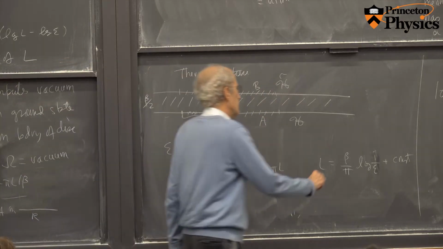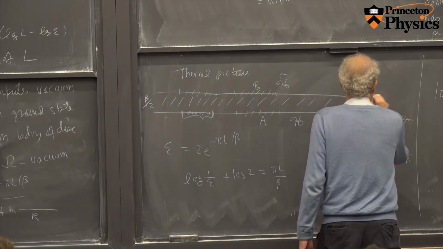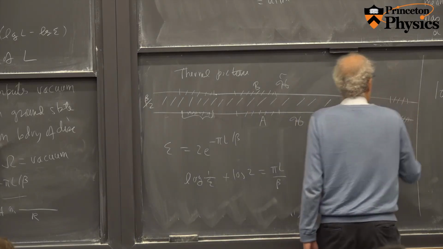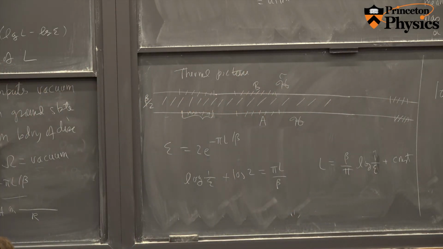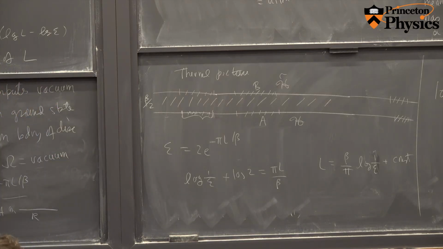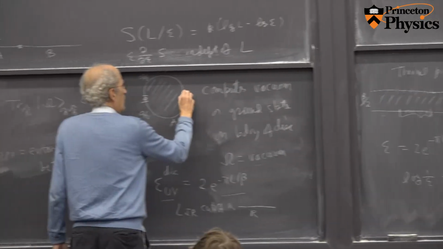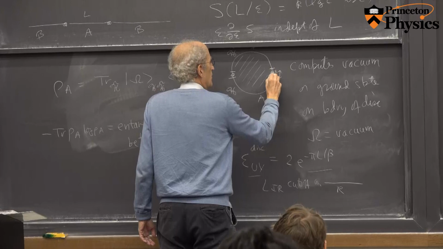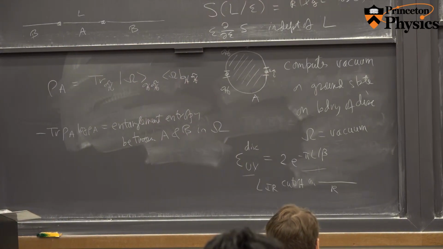And if you have a mode which is very far to the right, at the bottom, it is mostly entangled with a mode that's very far to the right at the top. So if we go to this picture, that tells us that the closer we get to the boundary on one side, the closer are the modes on the other side that it's mostly entangled with.